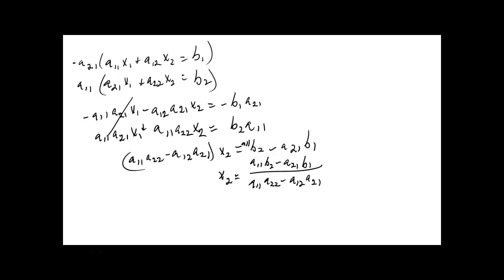Now, if you had multiplied the top equation by minus A22 and the bottom equation by a positive A12 and done the same thing, you would have eliminated x2 and come up with x1. Without doing all that, because it would take me another board full, let me just write down what the result would have been.